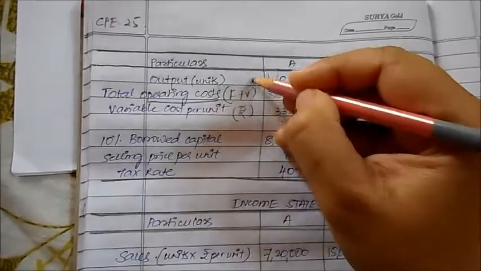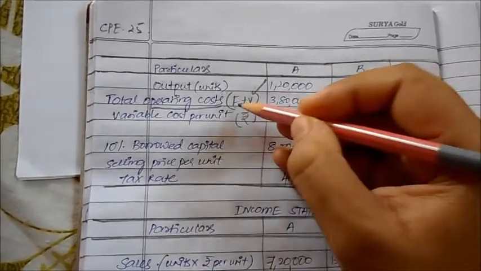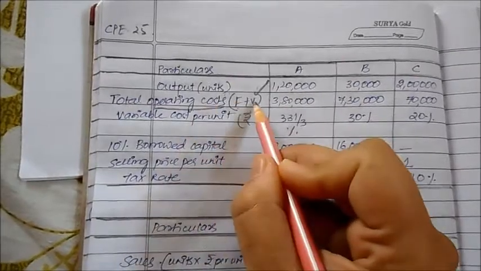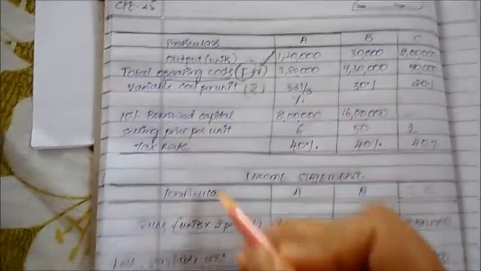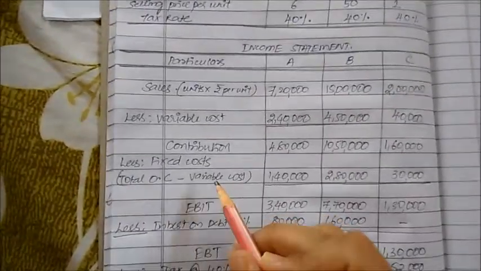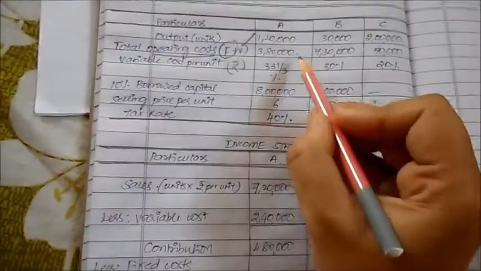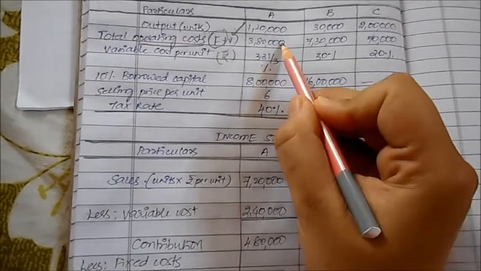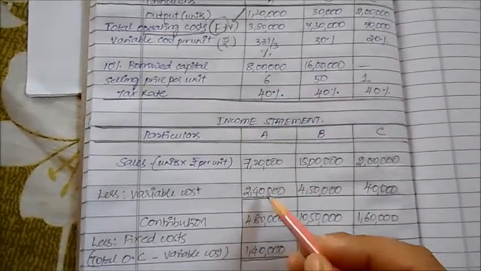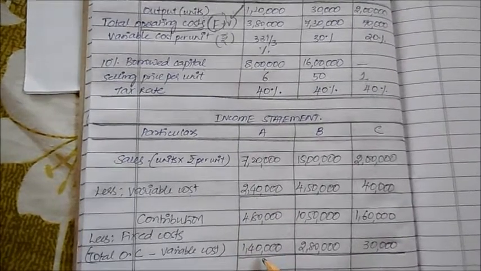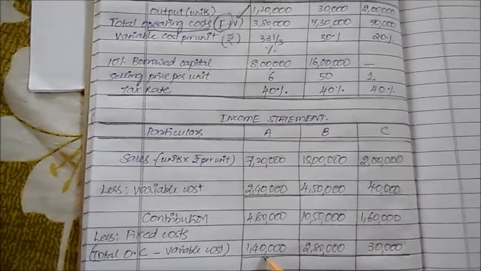So one component we've already found out, then out of the total, if you minus one, automatically you will get the value of the fixed cost. That is what we have done here. So total operating cost is 3,80,000. If I deduct 2,40,000, the remainder is 1,40,000.